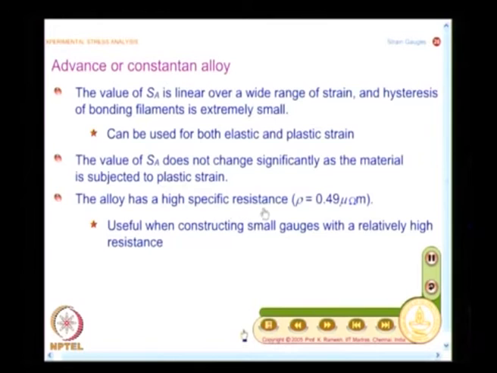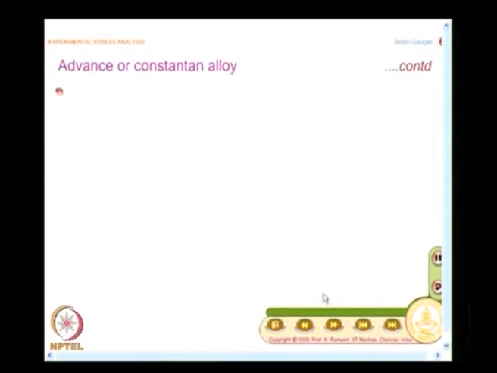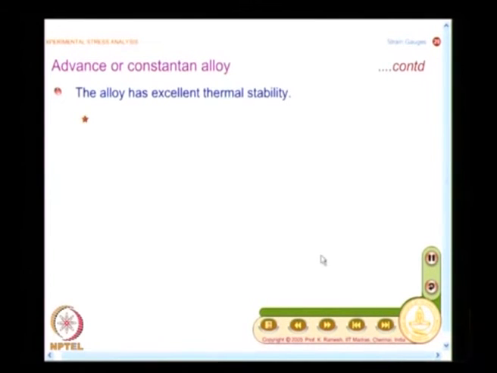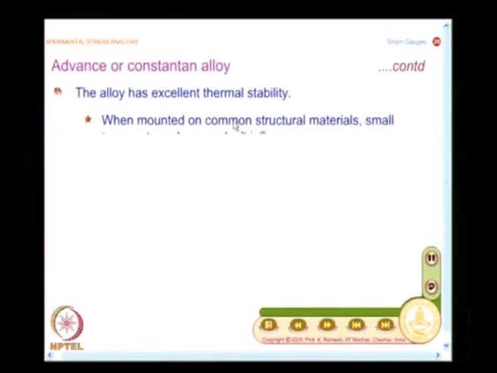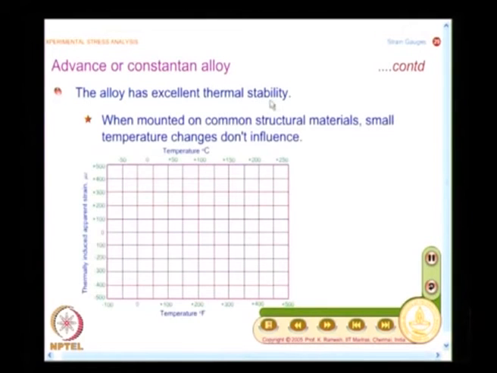And what is the advantage of this? This is useful when constructing small gauges with a relatively high resistance. Another aspect you will look at is its thermal stability, and I have already mentioned that it is a relative term.